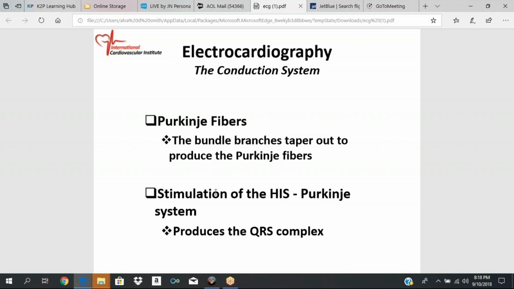When we have depolarization of the ventricle, you have stimulation of the His-Purkinje system, and you get the QRS, because you have to have electrical impulse first before you get mechanical. So the electrical impulse is the QRS, and then the mechanical is when the heart contracts.